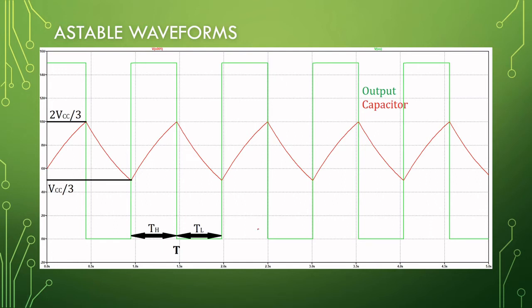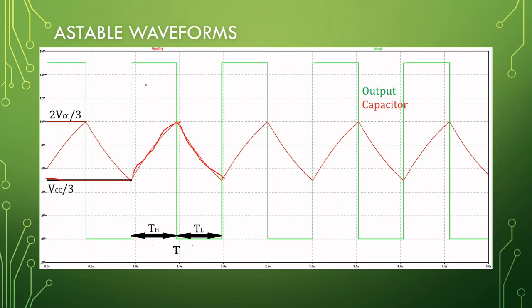Let me show you the diagram before we get to the maths. So when the output is high, our capacitor is technically charging. And this happens between these two limits. So it will charge towards VCC and it will discharge towards 0. And there will be a time connected to each one of these.